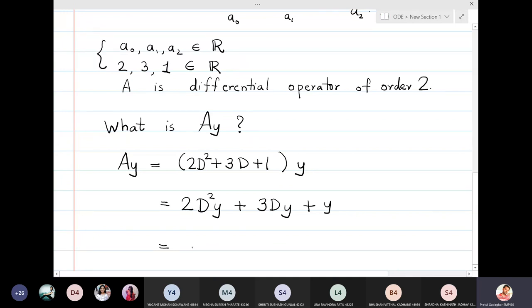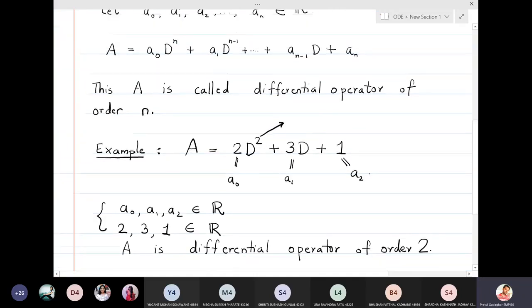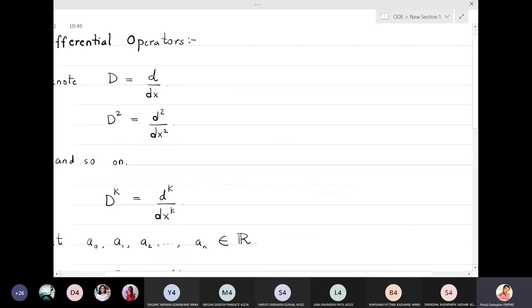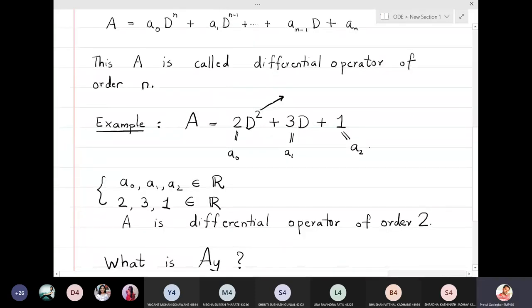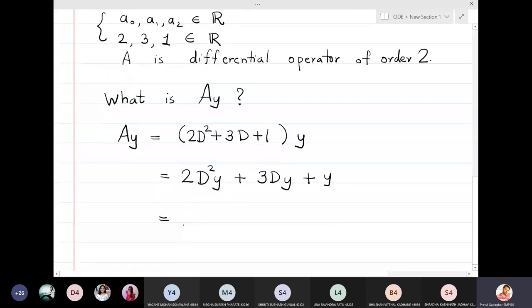D square was d2 by dx square. So D square is only d2 by dx square. So we get 2 d2y by dx square plus 3 dy by dx, since capital D is d by dx, plus y. This is the expression for Ay.